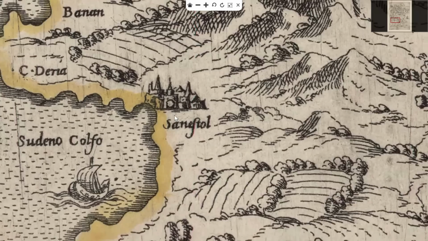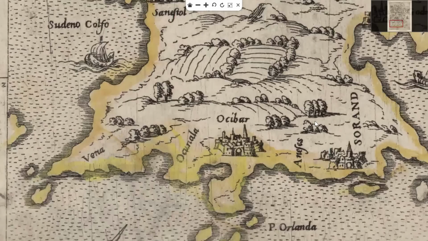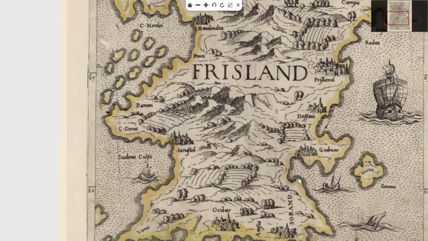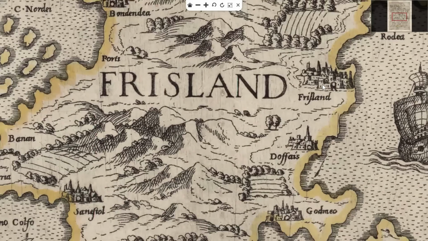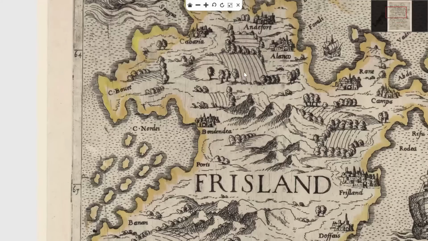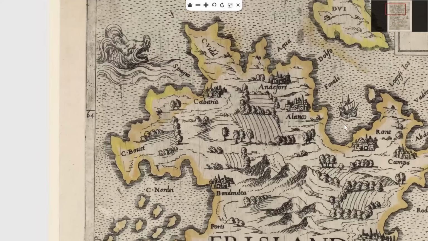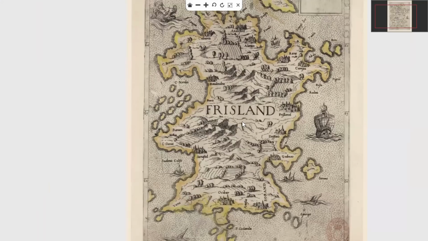So Sanastol, down here, Okibar, Sorand, and these are on the island of Frisland, up here as well, right? More cities, and here's the capital, obviously, Frisland. So no ice, they got crops here, they're growing trees and crops, and they got all these cities and everything, boats coming into the harbors. So up in the Arctic, there's a map of it without any ice on it.